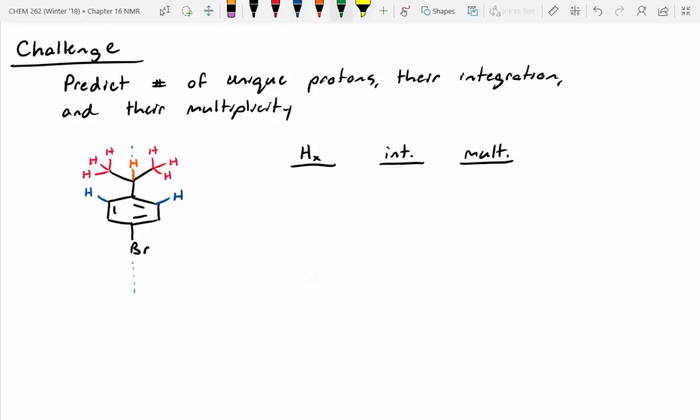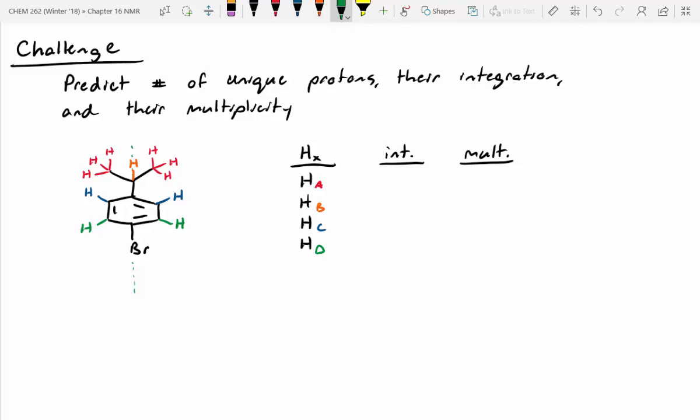So what we do is say, all right, this proton must be unique, so I'll label that as green. So I'll label this as 1, 2, 3, 4 unique sets. The first one we labeled was HA. I'll label this one HB in orange, and then we've got C and then D. Does that make sense so far?